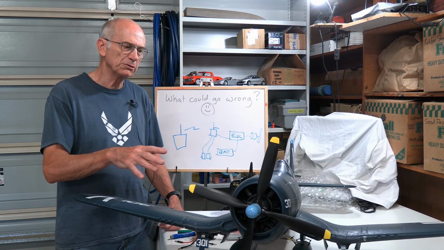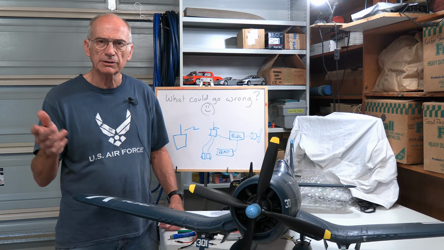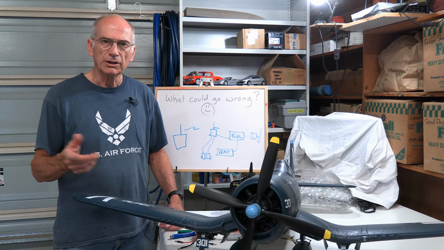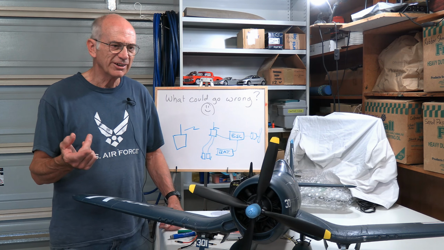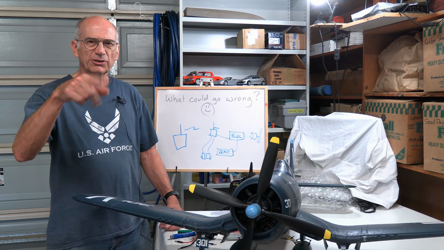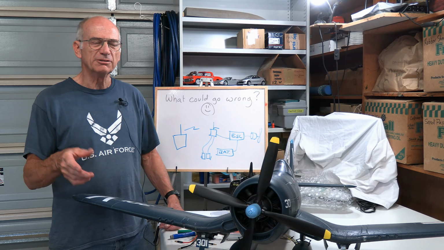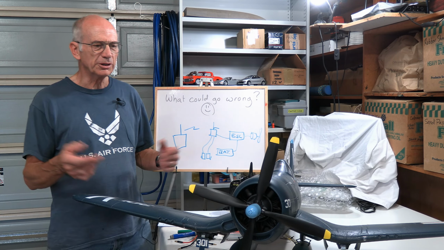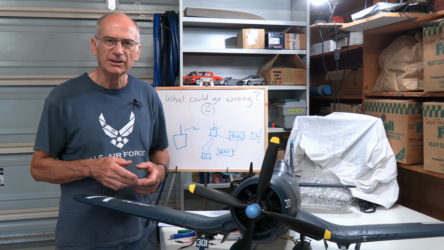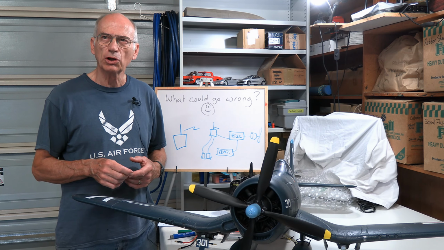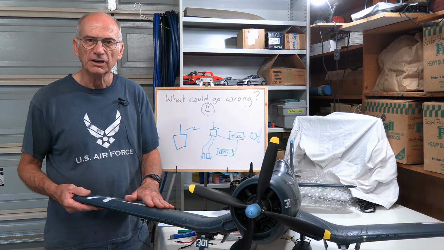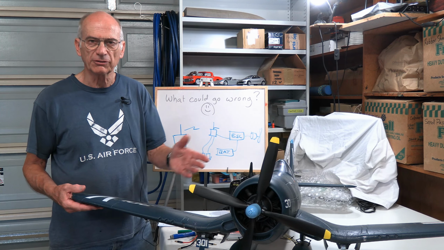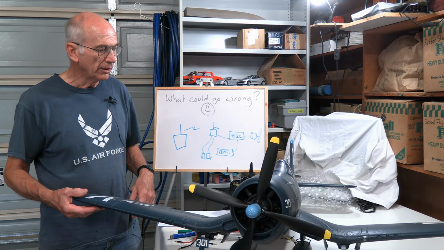Compare this with, say, my Yak profile plane, a foam plane that weighs next to nothing. That Yak can turn on a dime. It can do anything you want, all the 3D maneuvers and all of that type of thing. It's got such a low wing loading. I mean, its wings are basically as big as this, and it doesn't weigh 1/10 of what this thing weighs.